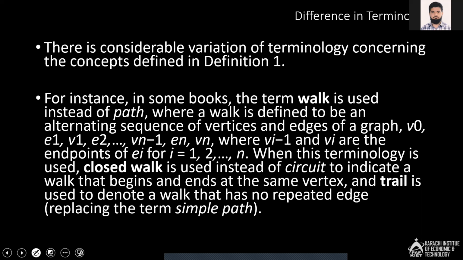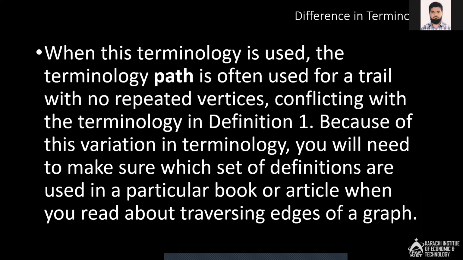When this terminology is used, closed walk is used for a circuit, and a trail or a path is used to denote a walk that has no repeating edges, replacing the term simple path. So a simple path is the same thing as a trail. When this terminology is used, the term path is often used for a trail with no repeated vertex, conflicting with the terminology we have studied previously. So it is the job of the reader to make sure which set of definitions is in use. Okay.